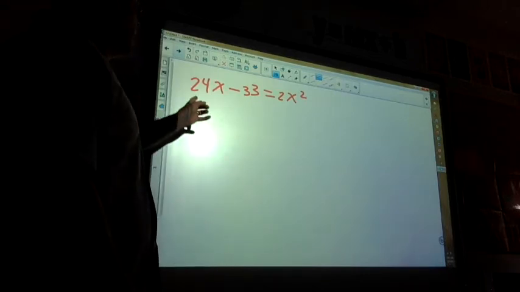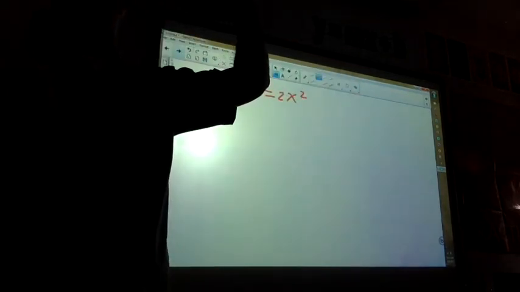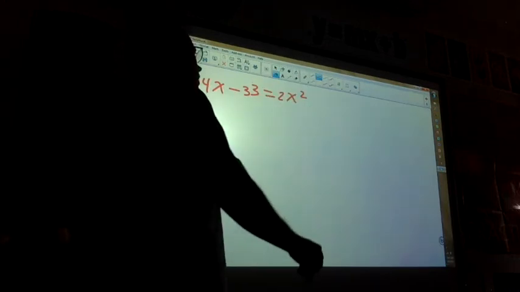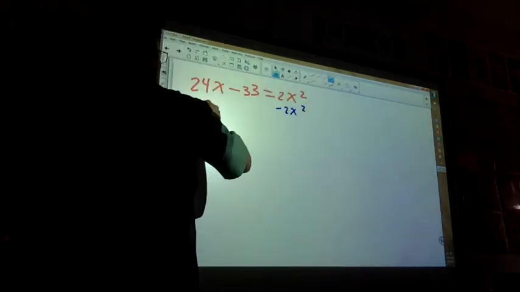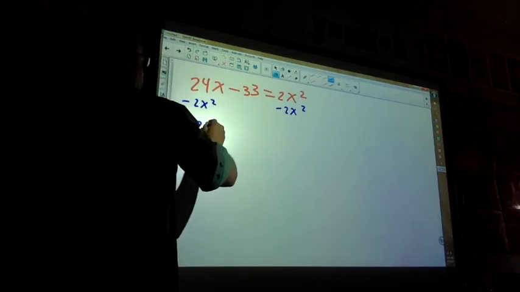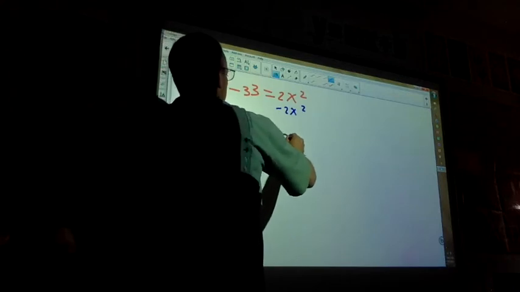Subtract 2x squared. I could move all this over here as well. And yeah, it changes the signs of my A's, B's, and C's, but it doesn't matter which way you do it. So I would choose to move the singleton versus move the double. So that gives me negative 2x squared plus 24x minus 33 equals 0.